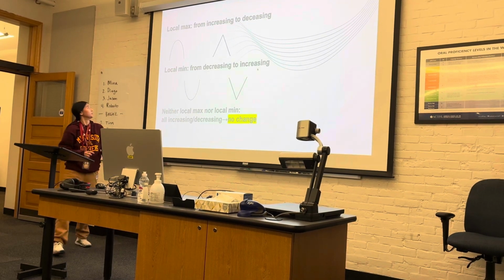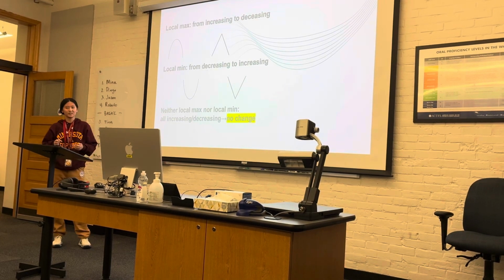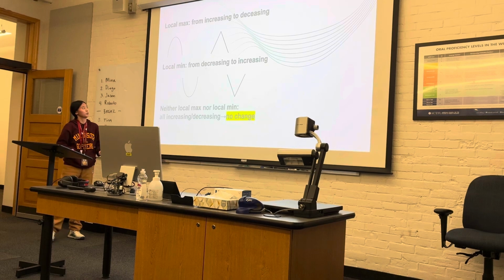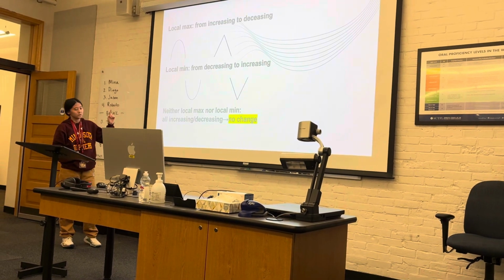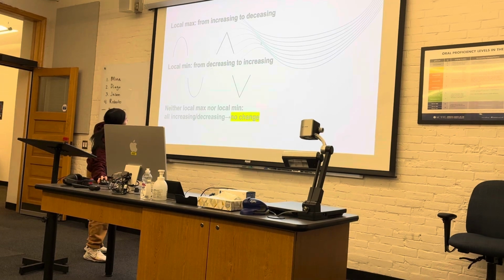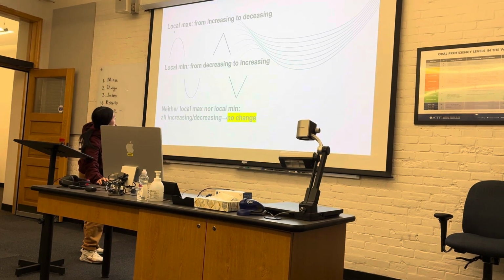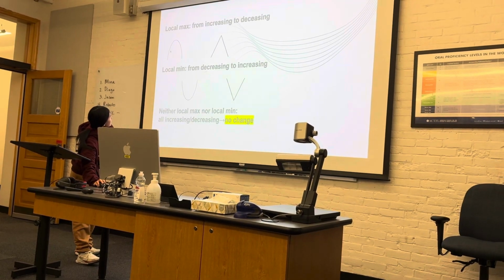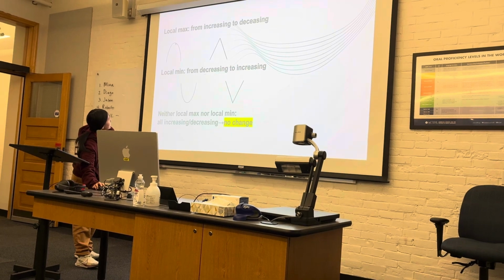Here is, I think it's not a definition, it's just, in other words, to explain the local maximum and local minimum. For a local max, you can see it is increasing. If you find the first derivative, you can see it is positive on the left and negative on the right.